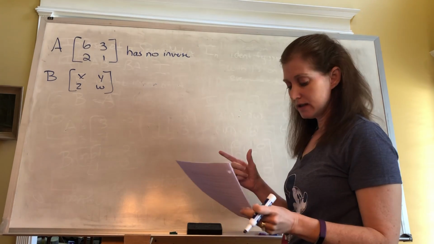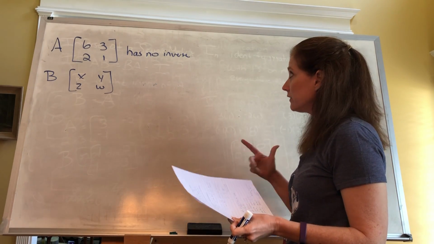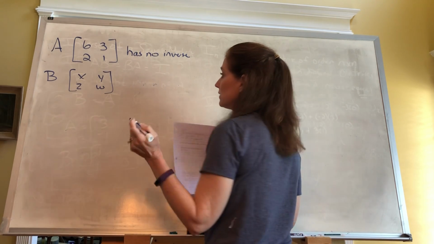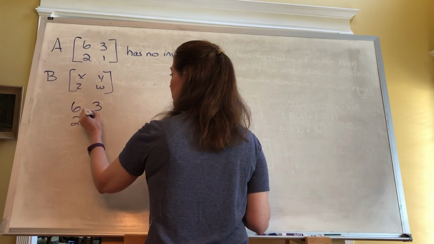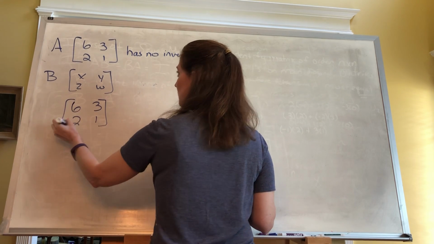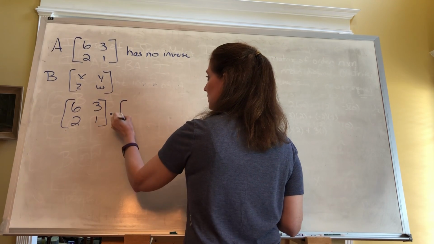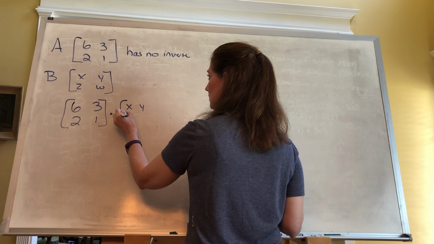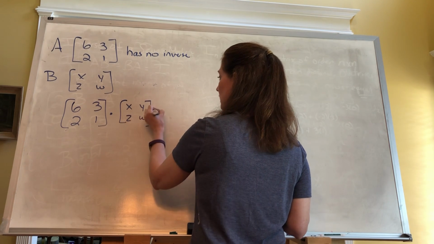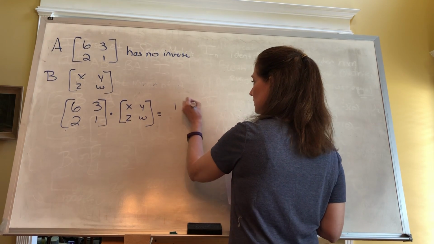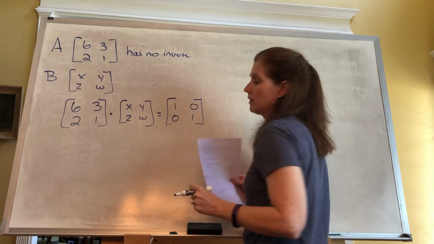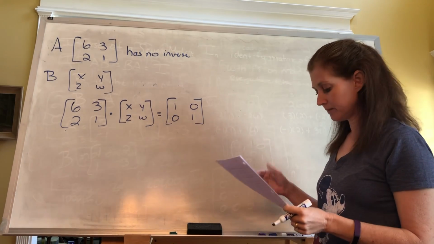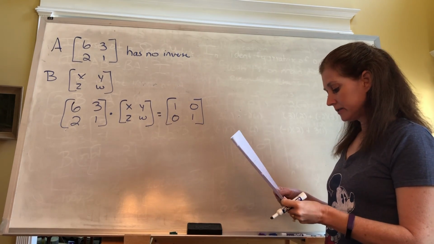So if it did have an inverse, then when I multiplied matrix A times matrix B, I would have to get the identity matrix. That's what would have to happen.